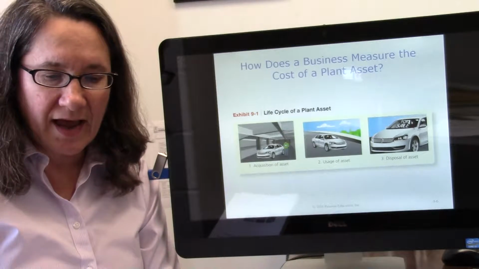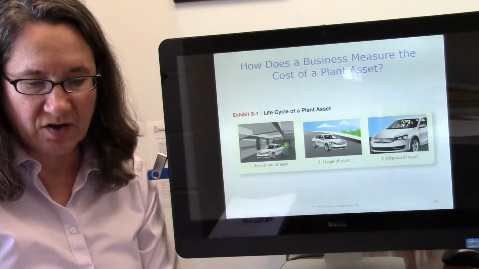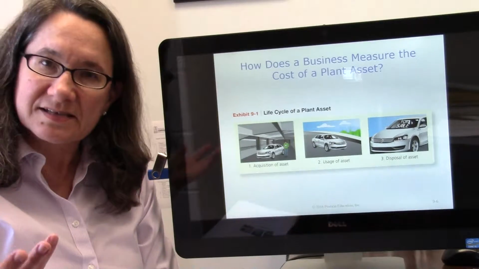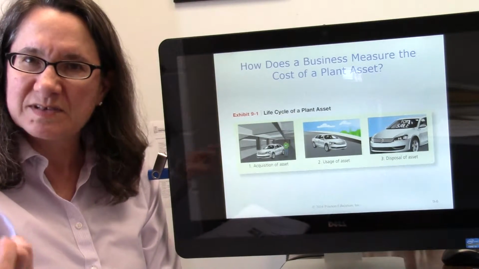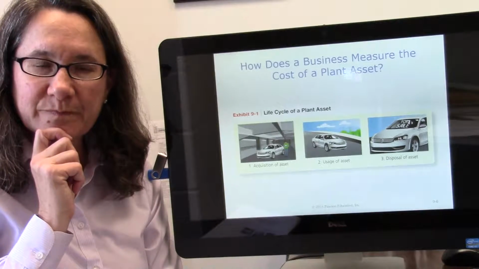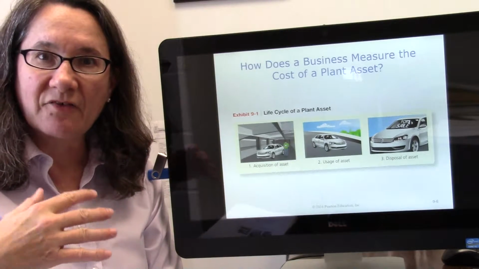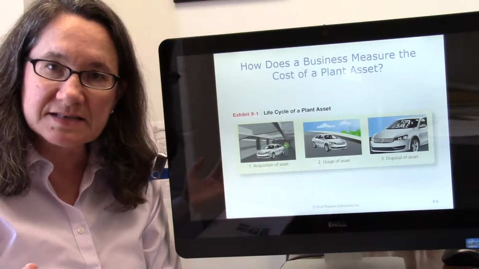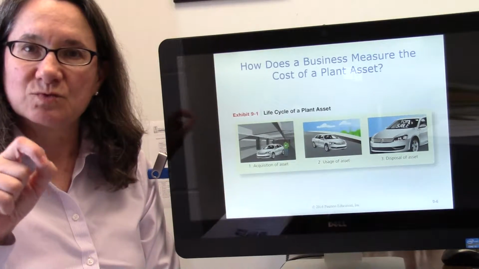Alright, so how does a business measure the cost of a plant asset? Alright, so like plant assets, you don't really just go to the store and buy them. Well, some of them you do, but a lot of them for companies will involve some amount of building or customizing. So what's the actual cost?